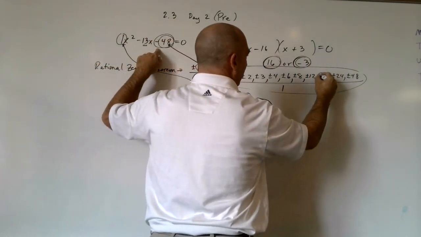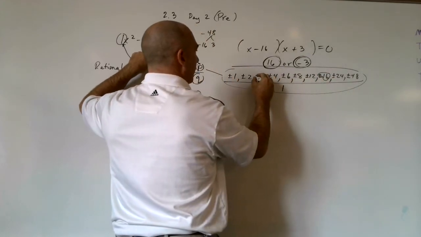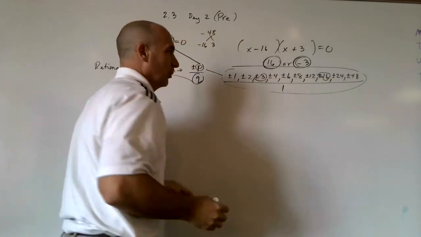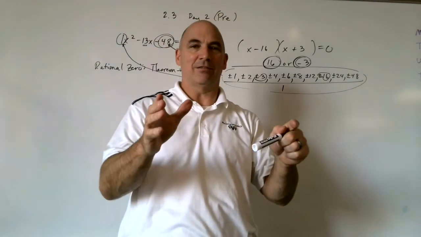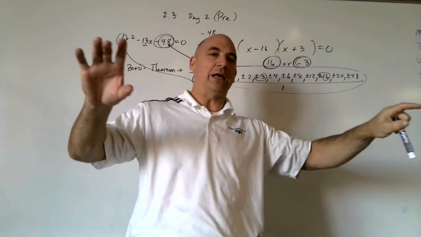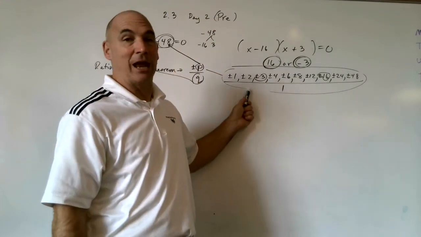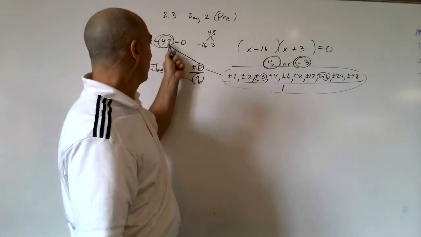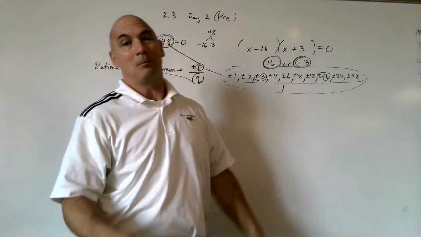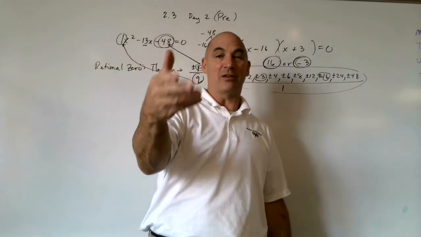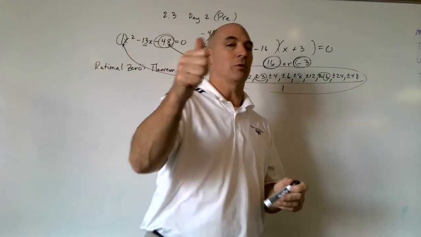Here it is. There's 16, and there's negative 3. So do those two exist in our big old list? Yes, they do. Now you may be saying, well, that seems like a big old waste of time. I agree with you, if it's one of these that are factorable. But now we're going to get into these cubics, and you're going to see the benefit of P over Q. I promise.